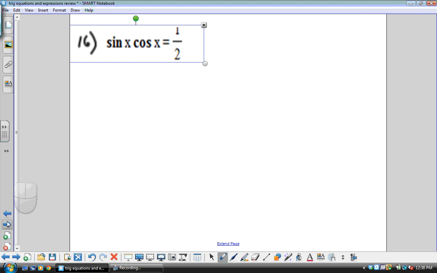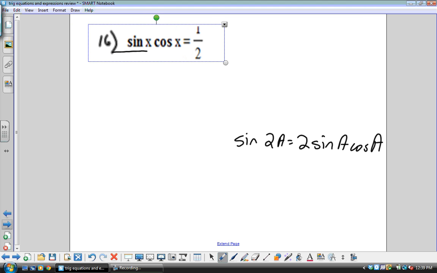Okay, on number 16, this is sort of a part of the double angle formula here for sine. So the double angle for sine, like we just wrote there a minute ago, the sine of 2A is equal to 2 sine A cosine A. So all that's missing on this here is the 2.